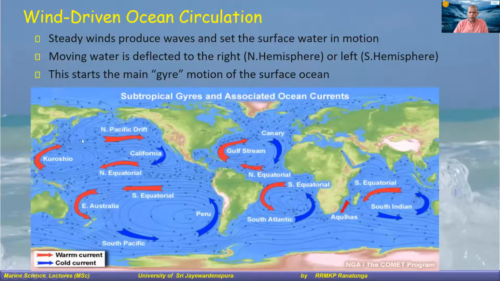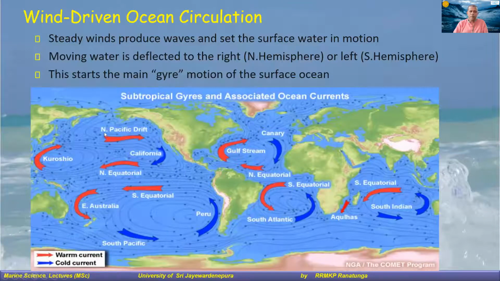You see, there is a direction. Just look at the direction of their movement. Here it's in this direction, and some of the currents go from north to south, whereas this one goes from west to east, and here it is from east to west, and again from south to north.